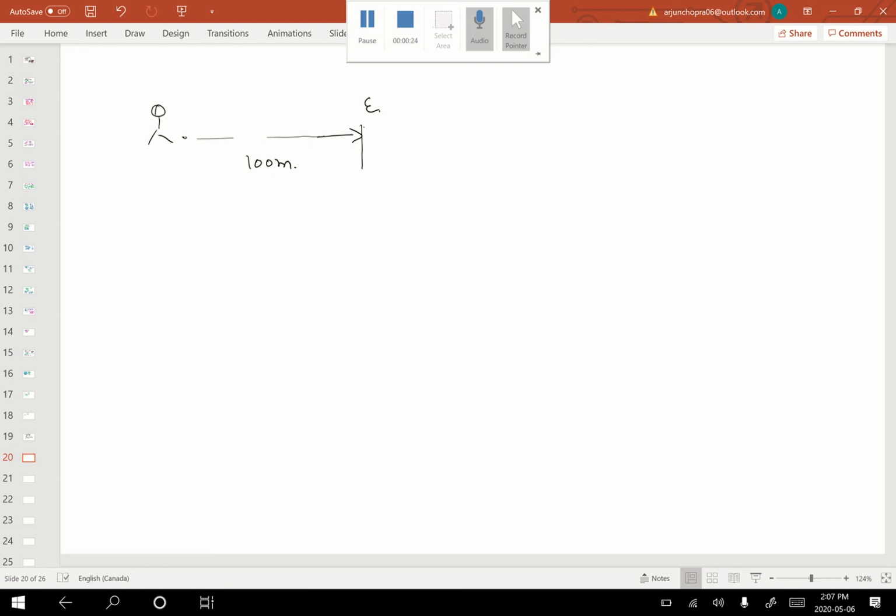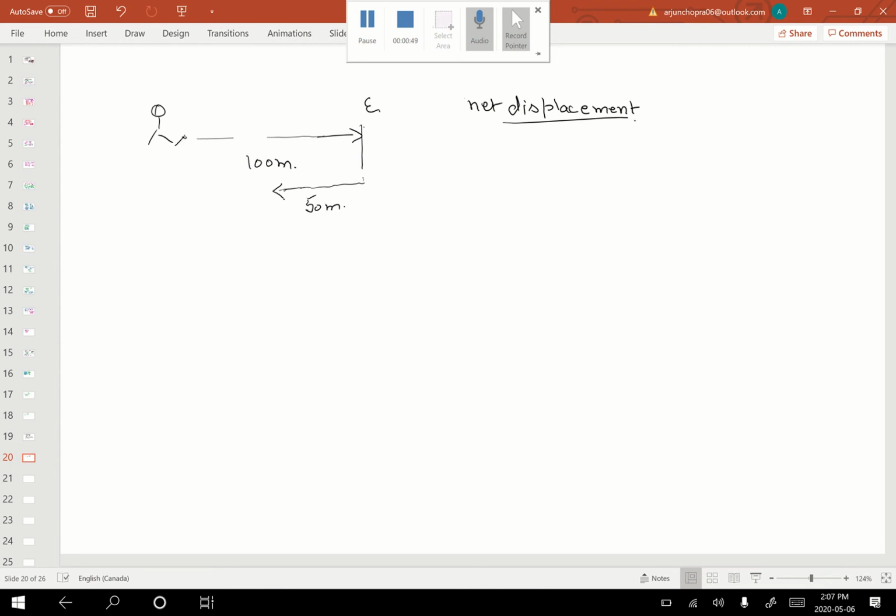And then he stops here, and then he starts moving in the backward direction, in the opposite direction, and he covers 50 meters in the opposite direction. And I wanted to find his displacement, net displacement. So the idea of the net displacement is it is the distance from the origin point.